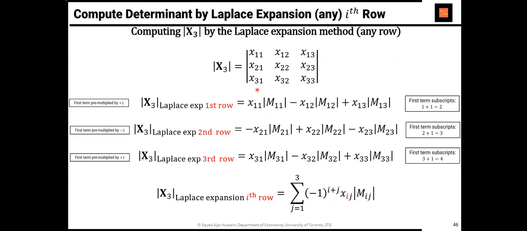You can see this because, had I expanded by the first row, I would have done a plus first. The first term is multiplied by a plus one. Plus, first 1,1, right? Then a minus, then a plus. Okay.